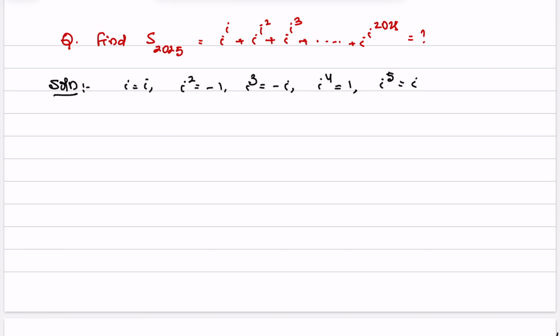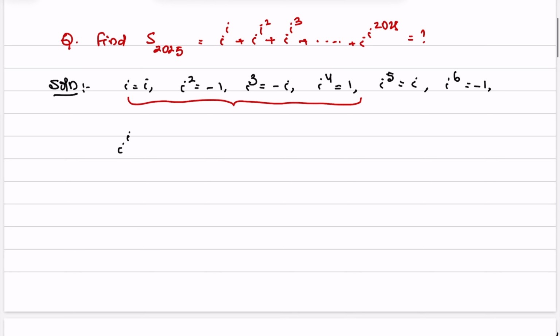That means for every 4 powers, the value of i is getting repeated. i to the power of 6 is equal to minus 1, and i to the power of 7 is so and so. i to the power of 8 is again 1. Now, every 4th element is getting repeated and there are 2025 elements. That means powers are up to 2025.